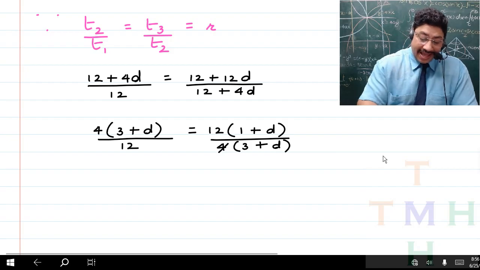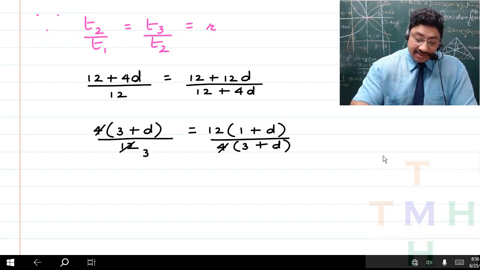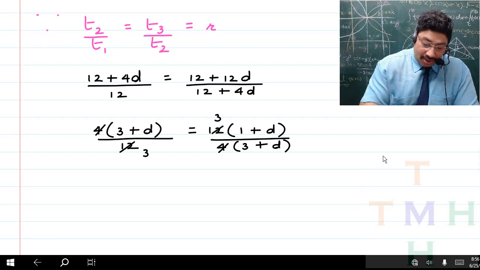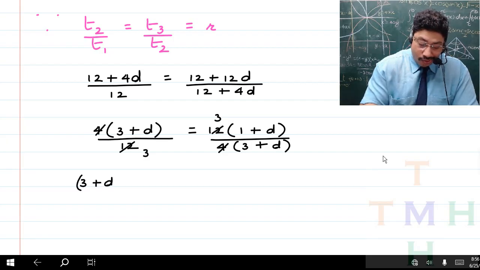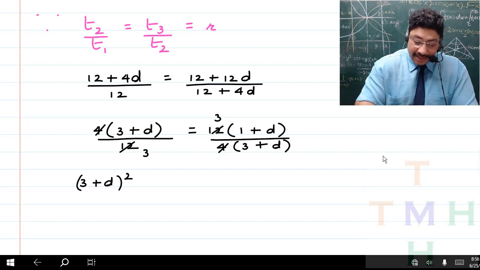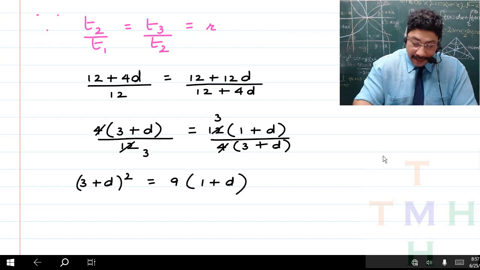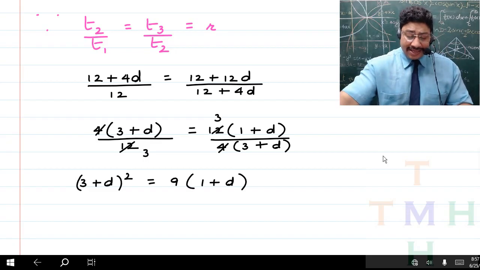So 4 will cancel 12 3 times, and then further we will cancel 4 with 12 3 times, right? So as such, now we have 3 plus D whole square by cross multiplying, and further on the other side we have 3 3's, of which becomes 9 times of 1 plus D, right? This is all that is left.